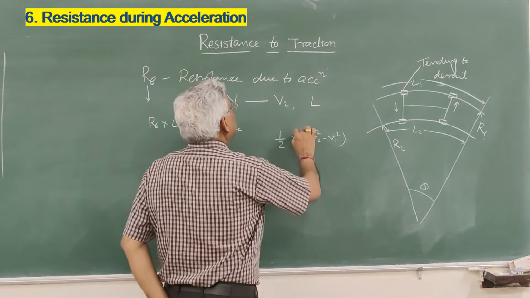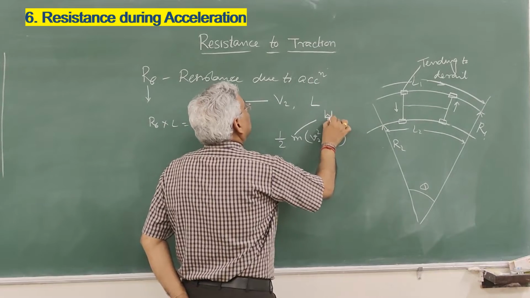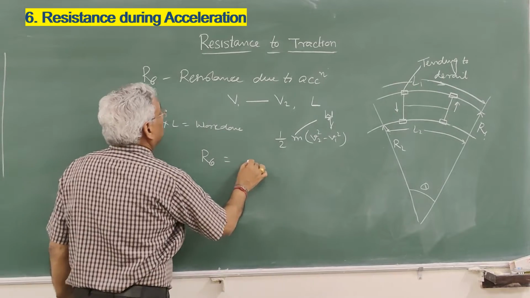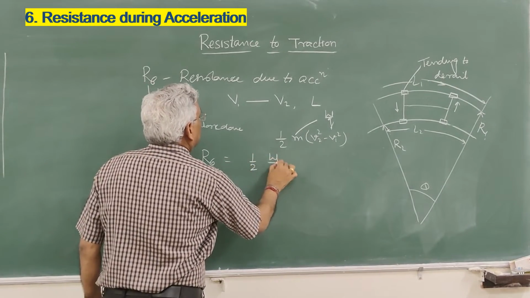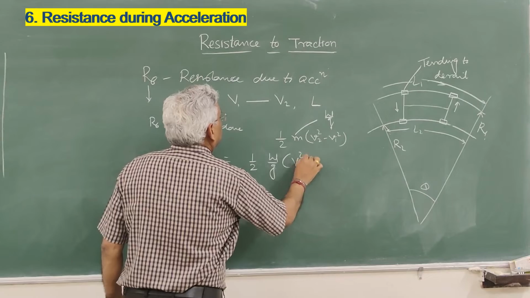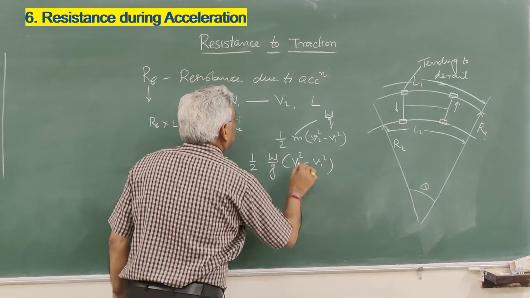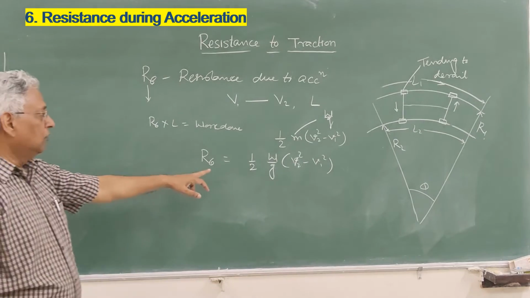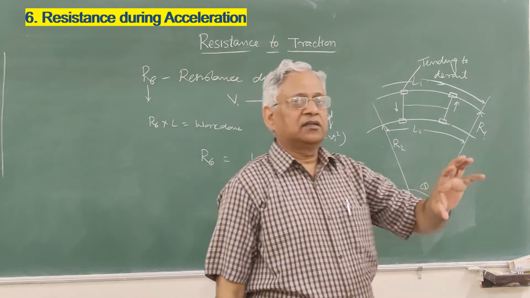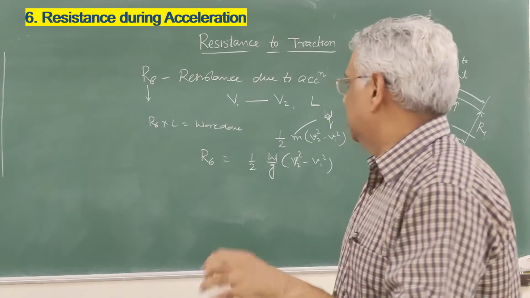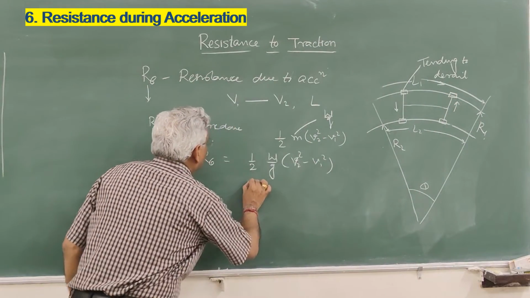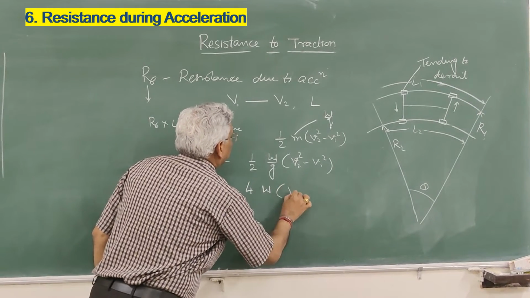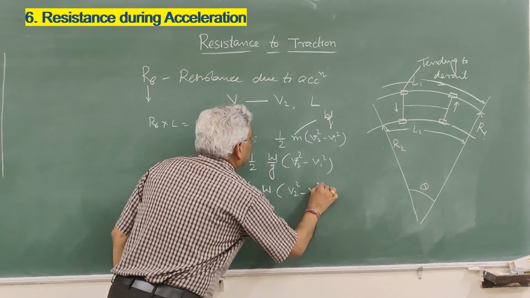This mass can be kept equal to W upon g, that is the weight of the train and acceleration due to gravity. Then R6 will be equal to 1 by 2 W upon g into V2 square minus V1 square. If you put the value of g here and take speed in kilometer per hour, then this equation becomes 4W into V2 square minus V1 square.